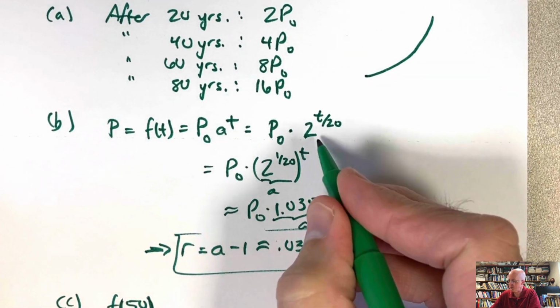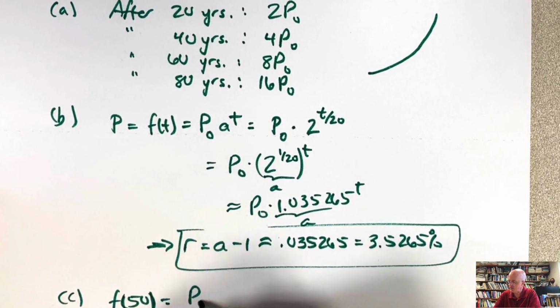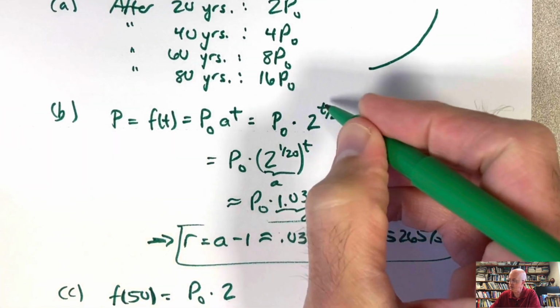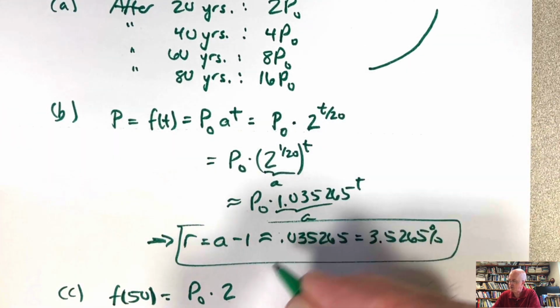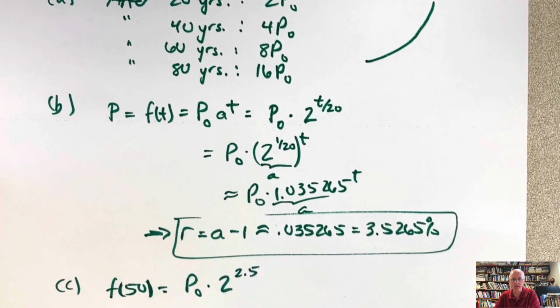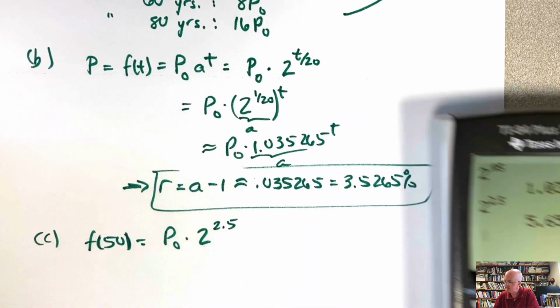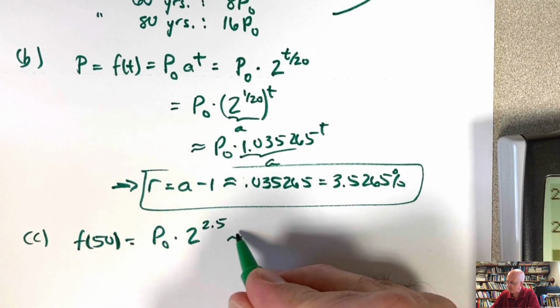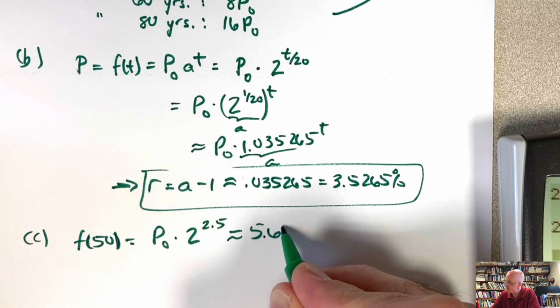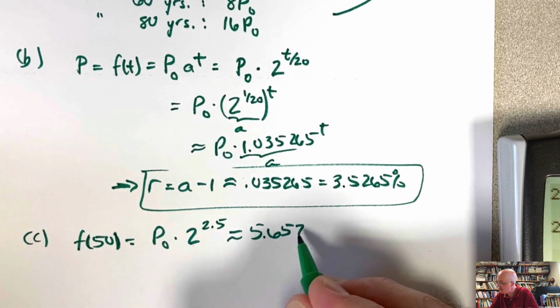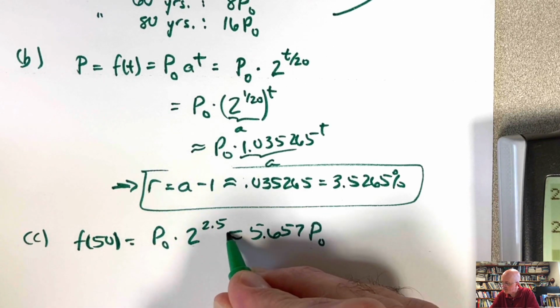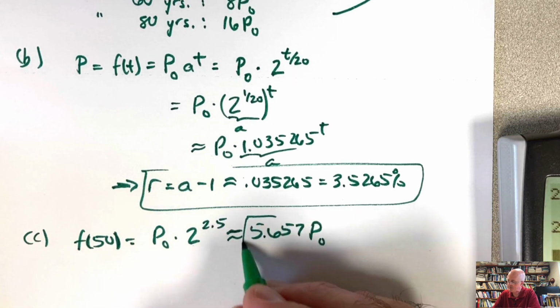And I can use this form if I like. P0 times 2 to the 50 over 20, which would be 2 to the 2.5 power. 2 to the 2.5 power is about 5.657. This is about 5.657 times P sub 0. Okay, that's how much is in there after 50 years.